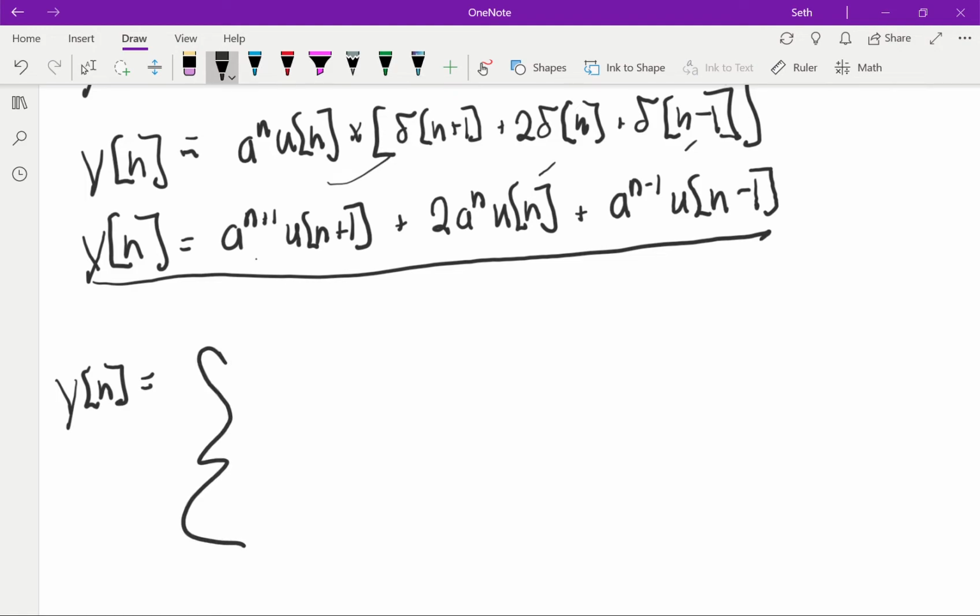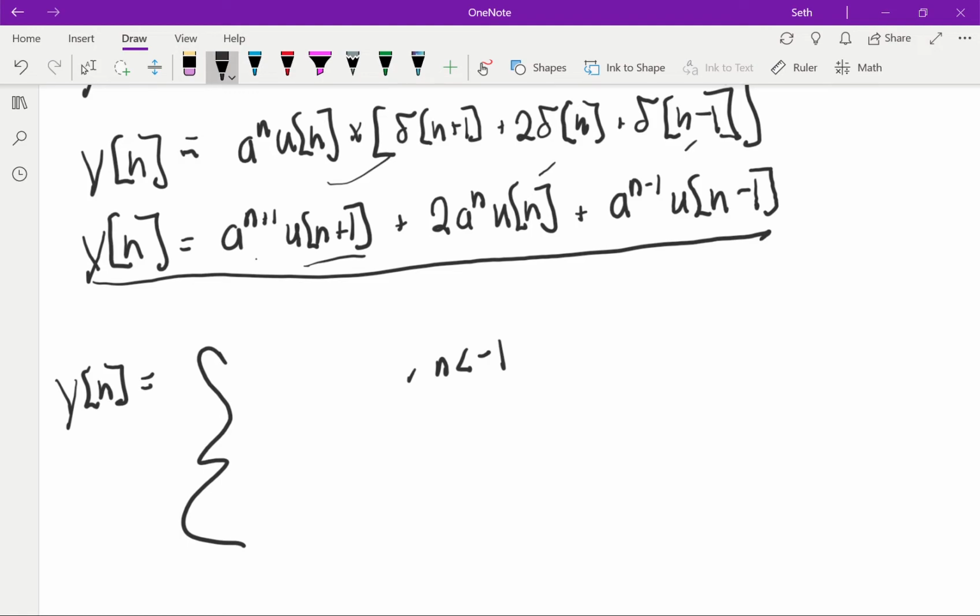For our first case, since we have these shifted unit steps, consider this one first. So let's consider n less than -1, and these are discrete functions, so remember we're only considering integer values.